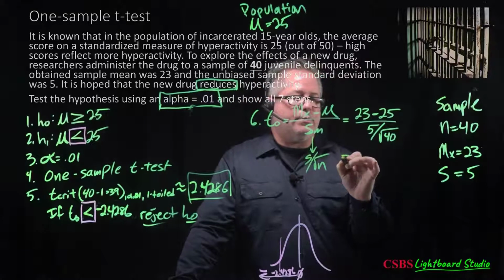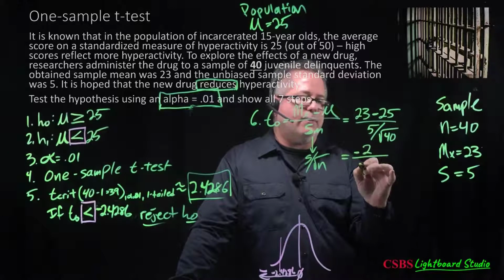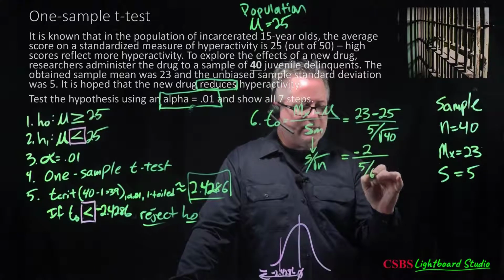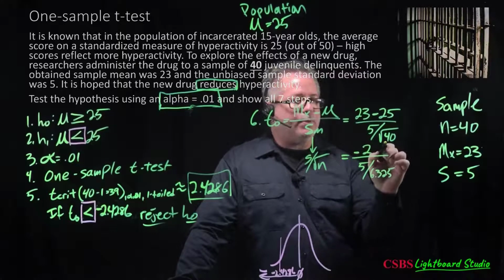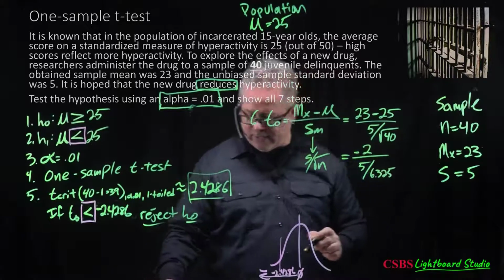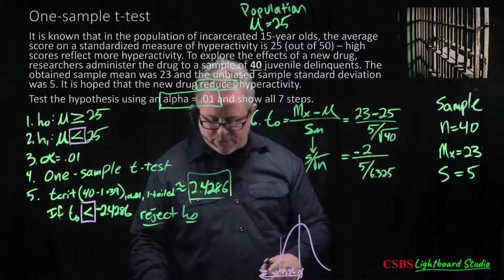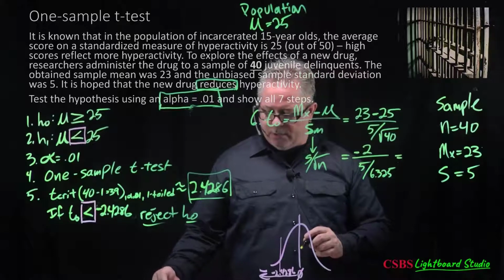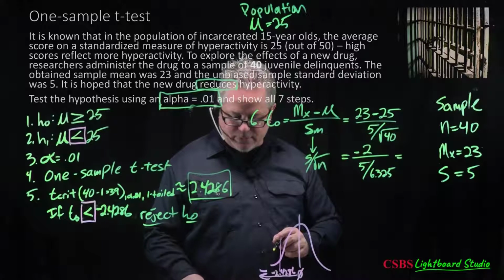So this is going to equal negative 2 over 5 divided by 6.325. When you take the square root of 40, 6.325, make sure I did that right. So if I take my negative 2, well, first let's take 5 divided by 6.325.